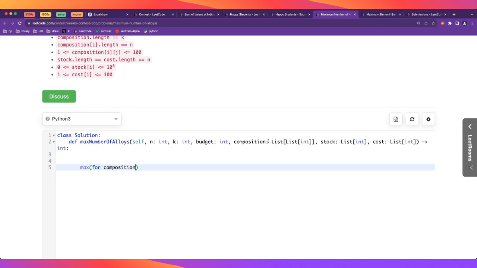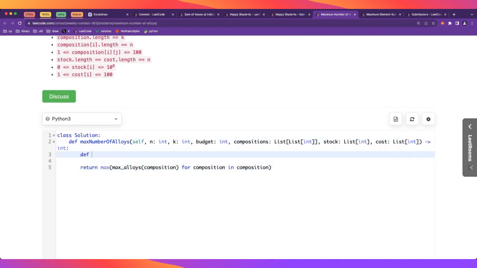Let's call these compositions because I don't like this name. For each machine, you have a different composition, right? And we're going to say max alloys for composition, and this is going to be our answer.